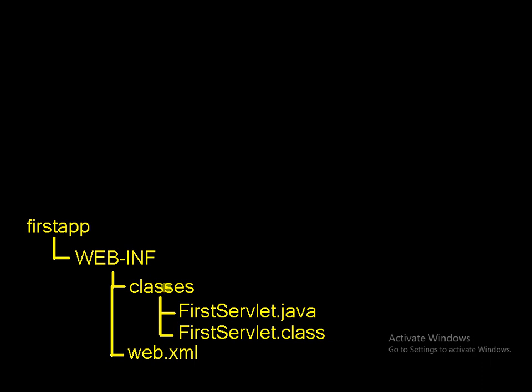It should be in small letters. In this folder, you can write one Servlet program. For example, FirstServlet.java. After compilation, you will get FirstServlet.class. One configuration file, web.xml. This file name should be web.xml only. It should be in the WEB-INF folder only. Like this you have to create.